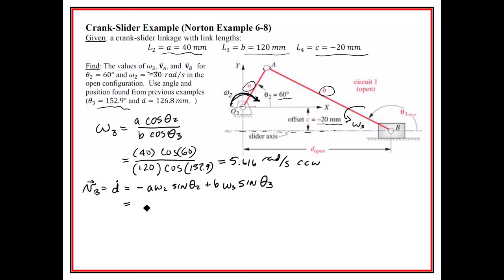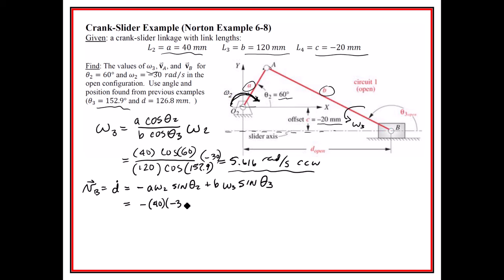And so that's negative 40 times our omega. By the way, I think I left something out here. Yeah, I did up above. This should be omega 2 right here, and that should be right there, should be negative 30. I left that completely out. But because we have this cosine of 152.9, that's going to be a negative value, so that negative and that negative generate this value, and that's why that's positive and it's counterclockwise.